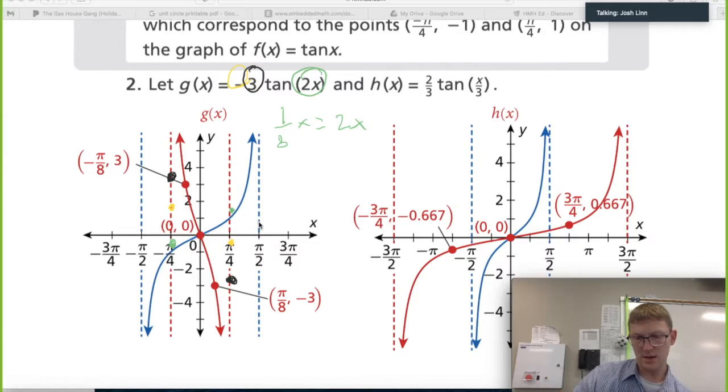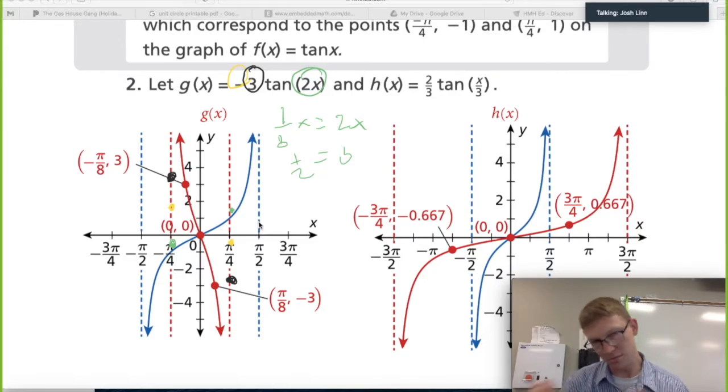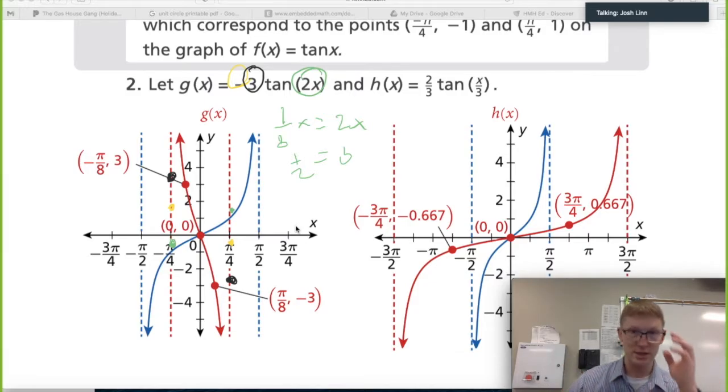The x's cancel out. b goes the other side. So b is actually equal to 1/2, not 2, which is where I get horribly confused. But whatever. So that means that our horizontal, I guess, compression at this point is by 1/2. So you can either remember that, so it started here and then it's going to go halfway in between.